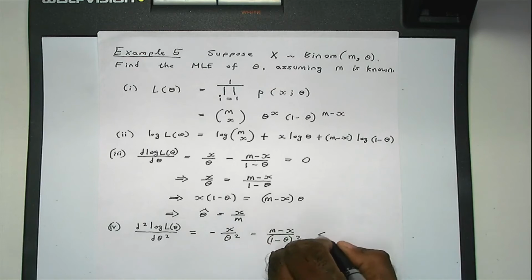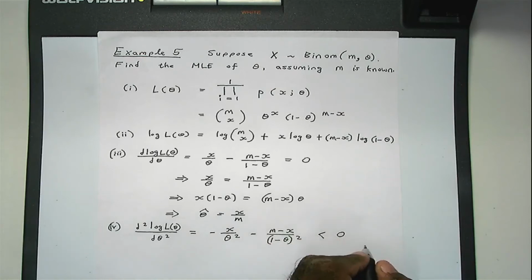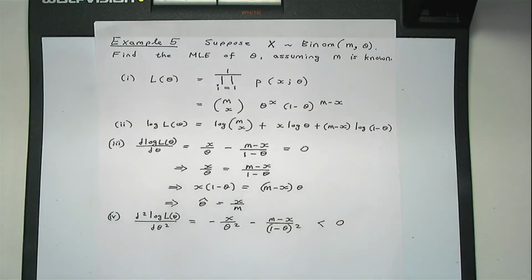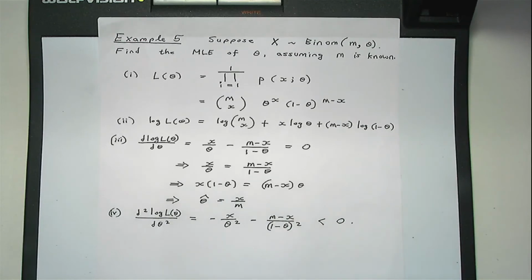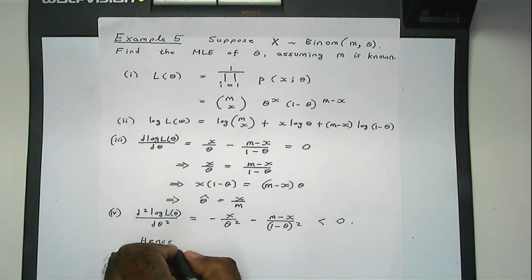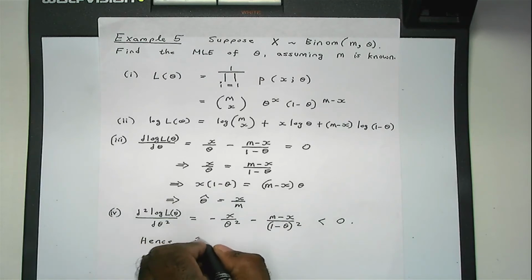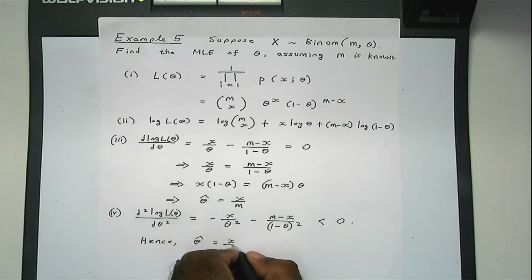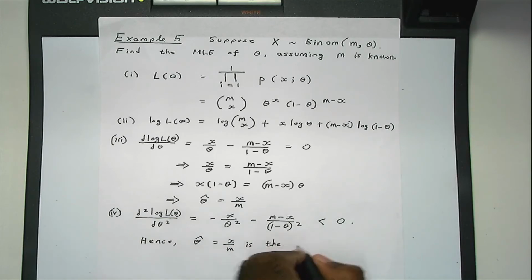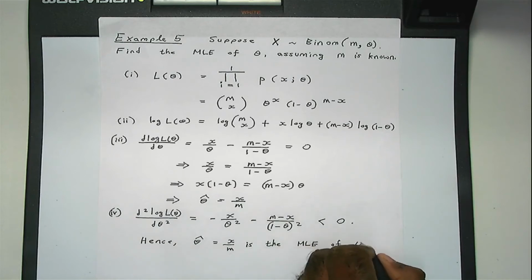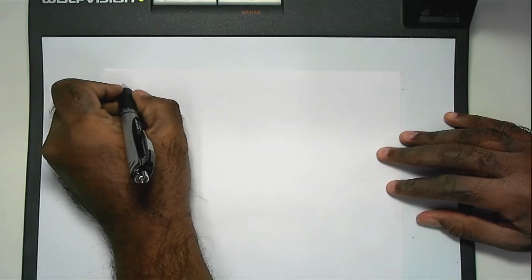And this is clearly less than 0. So hence theta hat is the MLE. So this completes example 5. Next, example 6.